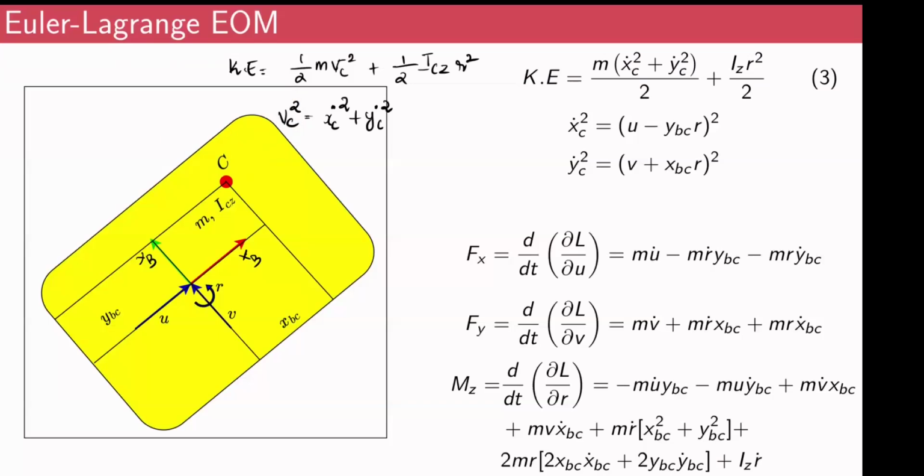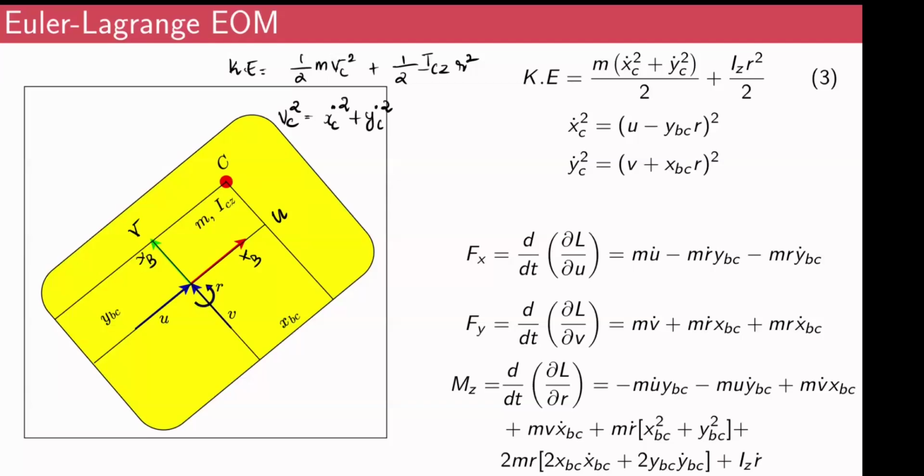Now the question is, what exactly are xc dot and yc dot? You already know that the wheeled mobile robot has its own linear velocity, u along the xb axis and v along the yb axis, and r with respect to the zb axis. It has a base velocity u and v, and due to the rotation, it will also have a second component, the omega cross r component.